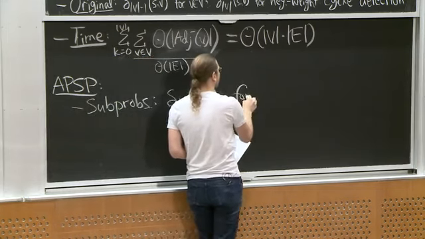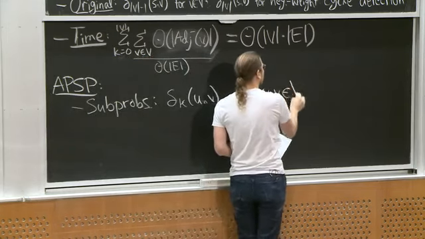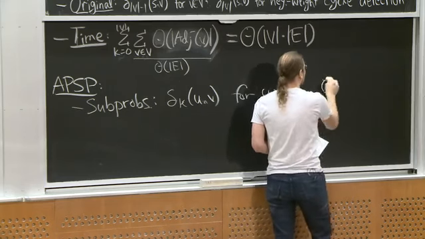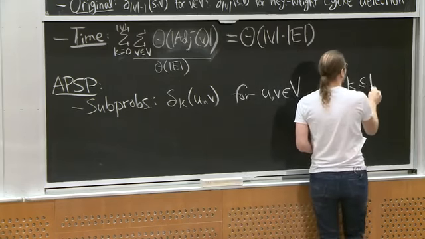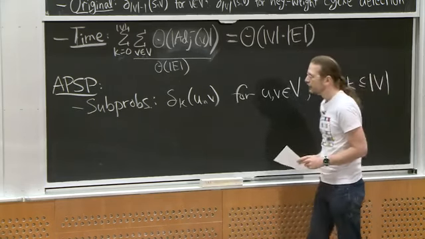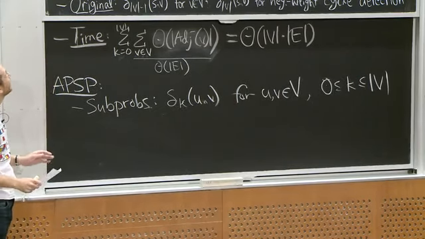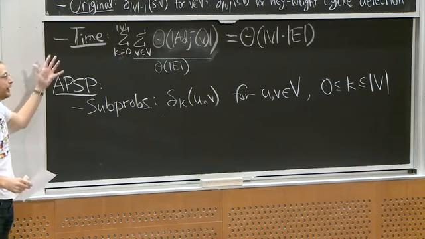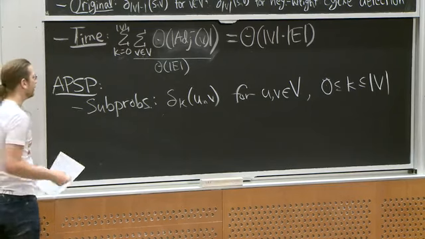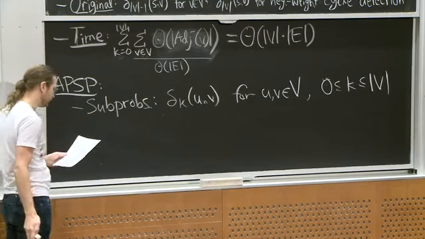Right, so for u and v, that's what we really care about. And then we could say k up to v, something like that. So this would work, but it would give the same running time as running Bellman-Ford v times. This is one solution we know, but not the best solution we know for how to solve shortest paths.